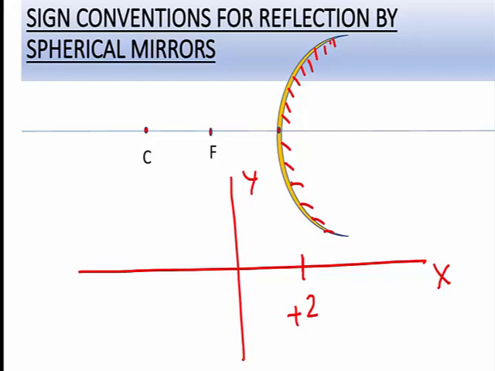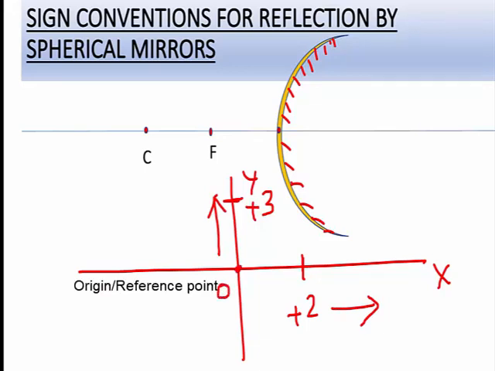Now let's say I mark a point somewhere here on the y-axis and again I designate it as 3, then the value of this point will be plus 3. So any value that we mark on the x-axis towards the right will be a positive value. Now this point here is our origin, which we designate with the letter O. Now let's say I take a value minus 5 on the x-axis, then minus 5 will be here on the left hand side.